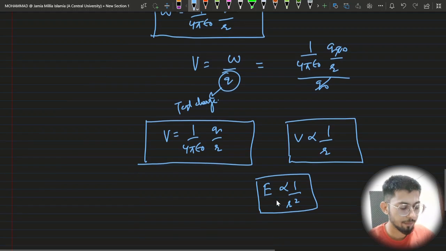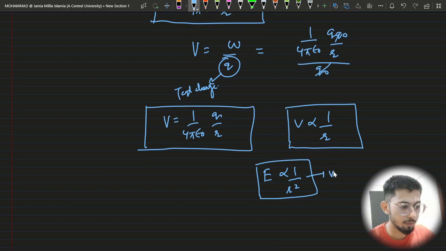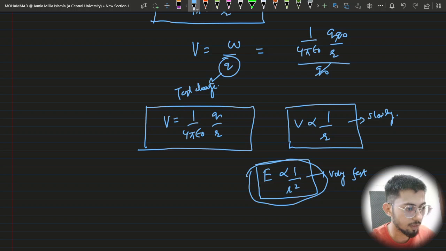So the field will diminish very fast, while the potential will diminish still, but slowly. The curve would be steeper for the electric field, as you can see in the figure in the book as well.